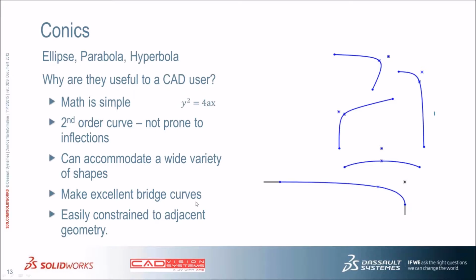You have so many options to make bridges between corners, and it is easily constrained to adjacent geometry. In fact, too easily. If you constrain it too much, it will actually reduce its flexibility.